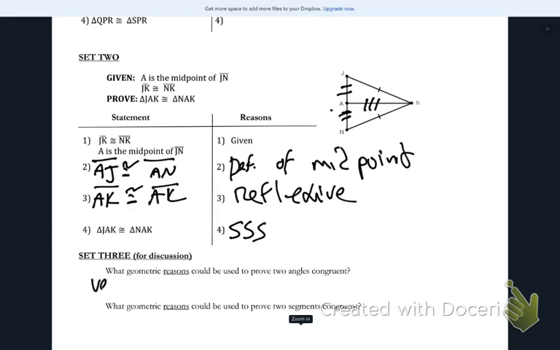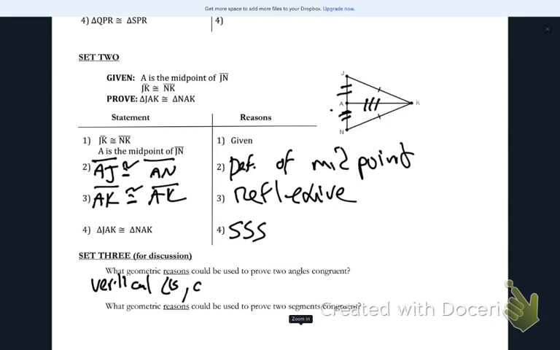So vertical will be one of the reasons why your angles will be congruent. If you have parallel lines, you're going to have your alternate interior, your alternate exterior, and your corresponding. So all of those 3 reasons could be used to prove angles are congruent.